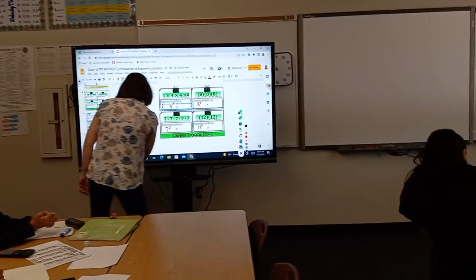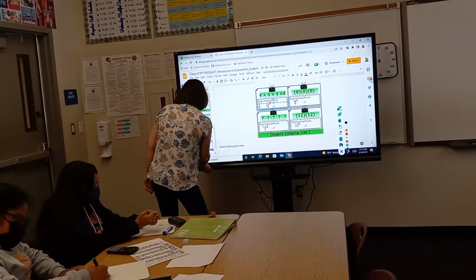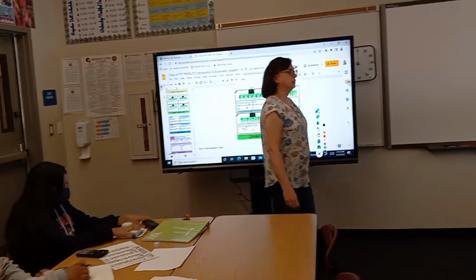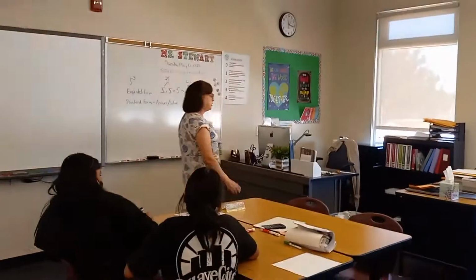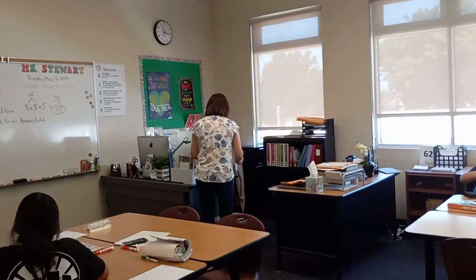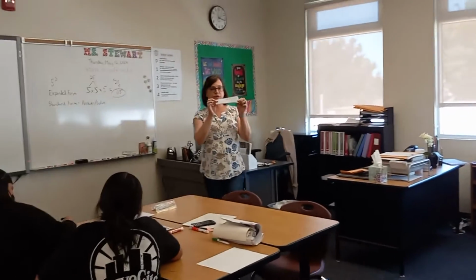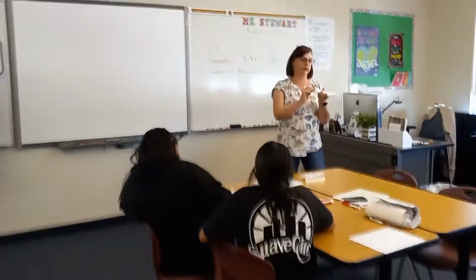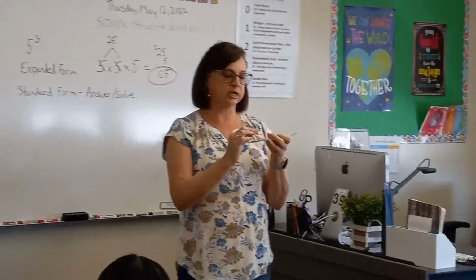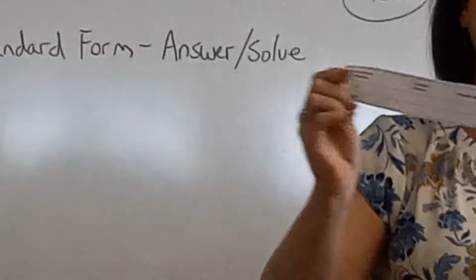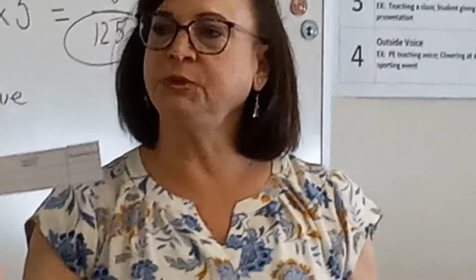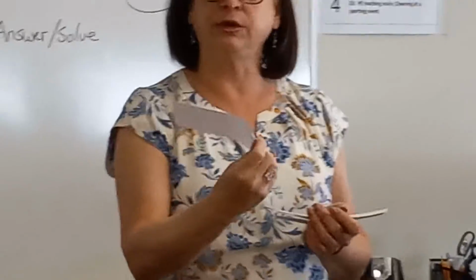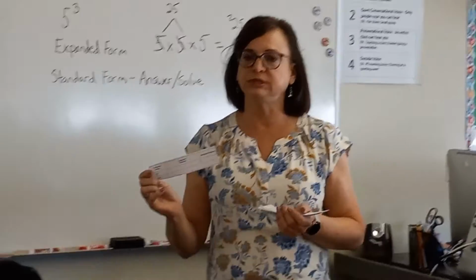Okay, what I'd like you to do is, for your exit ticket, I'm going to give you these little strips. These are your exit ticket. You're going to write your name on the back and then solve. You're going to write an expanded notation, which is write out the multiplication problem, and then you're going to write the standard notation, which means solve.